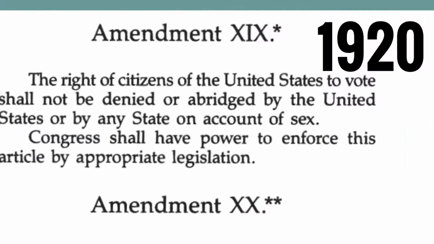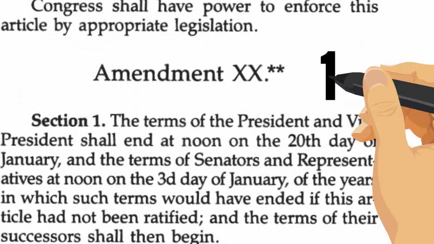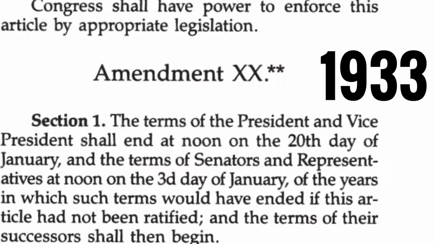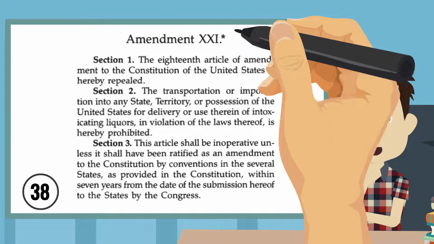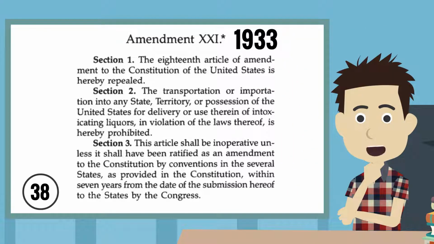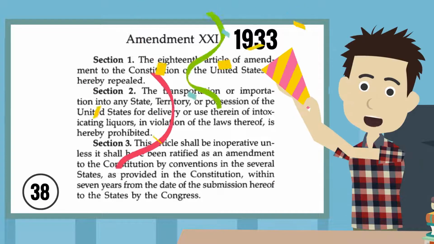Write 1920 next to Amendment 19. Okay. And then next to Amendment 20, write 1933. Now, if you turn the page, you're going to see we're staying in the same year. Amendment 21 was also written in 1933, so write 1933 there. Beautiful. Good writing.